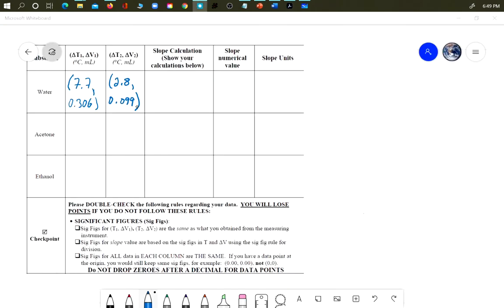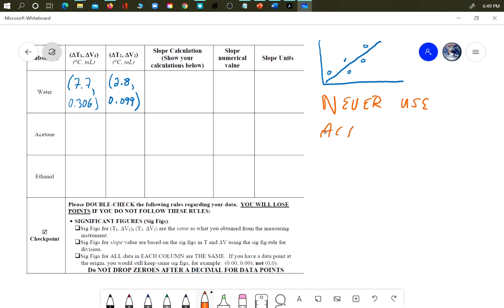So the next part is to do the slope calculation. So just wanted to remind you, if I went back and looked at our little graph that we drew before, the data points, and I had a line going through it. When you calculate the slope, never use your actual data points.